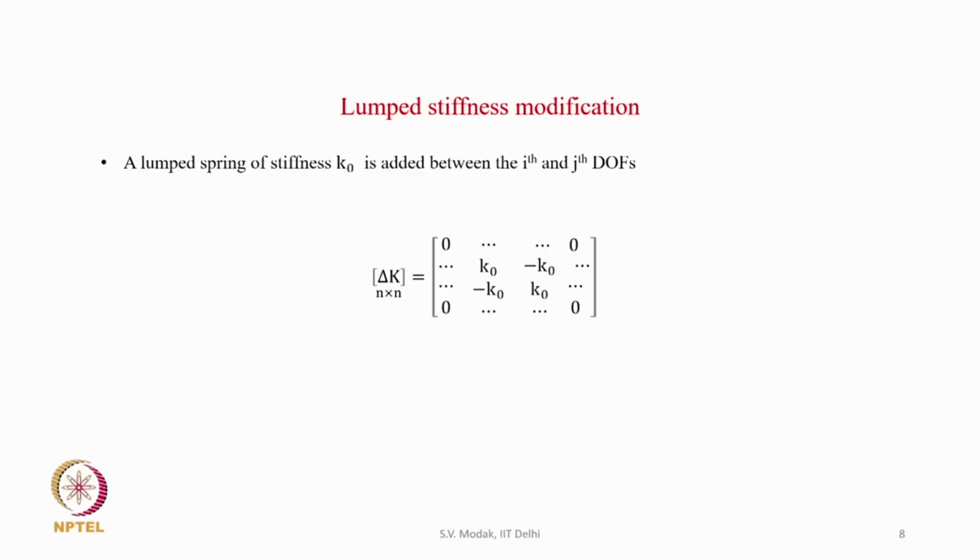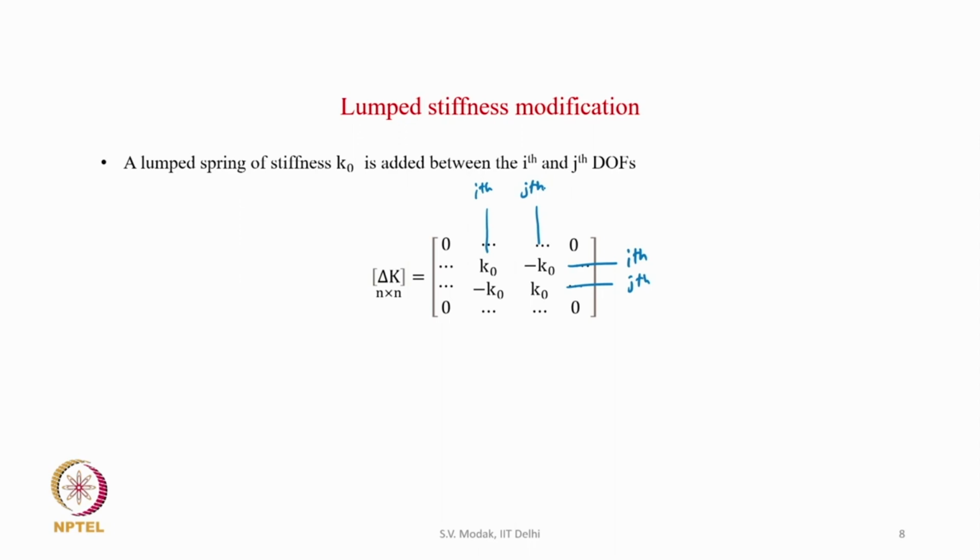It is a matrix of order n by n, and then we have the stiffness values k naught, minus k naught, minus k naught and k naught, which is the stiffness matrix of a linear spring with 2 degrees of freedom, displacement at both its ends. These values correspond to the ith and jth rows and the ith and jth columns. So, at the intersection of these rows and columns, we will have k naught, minus k naught, minus k naught and k naught.